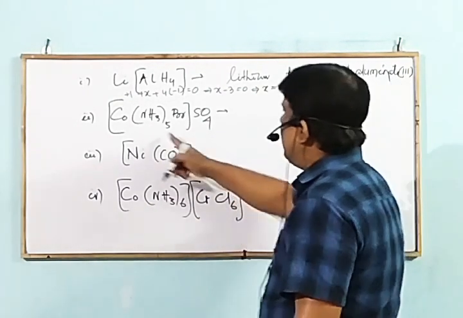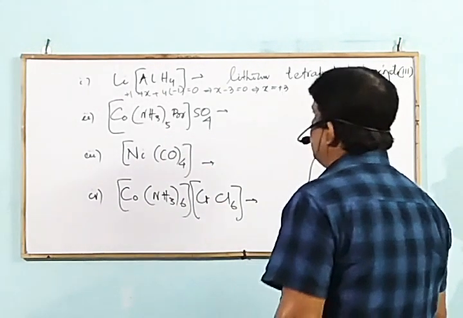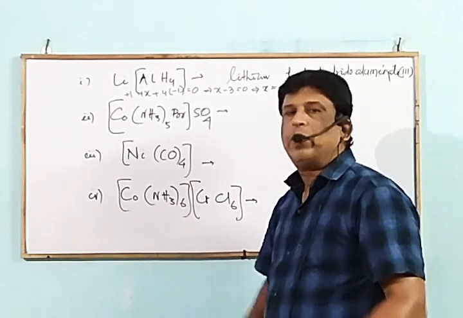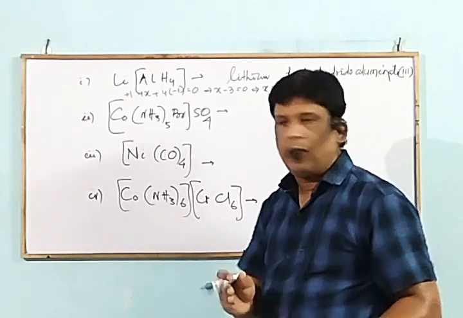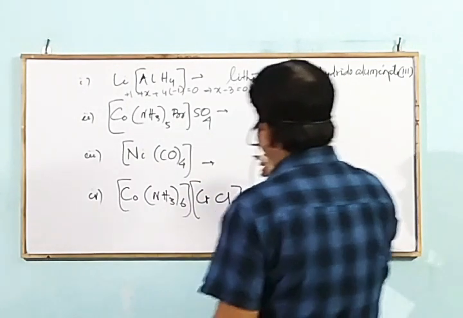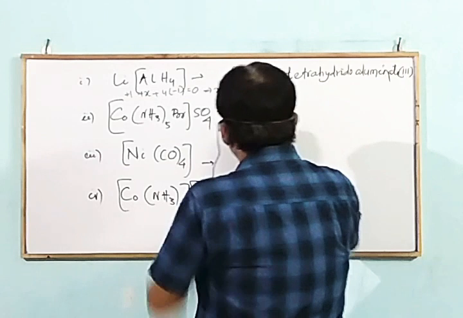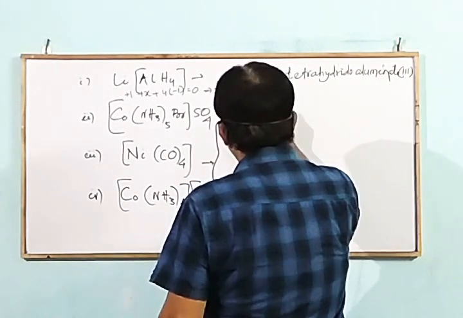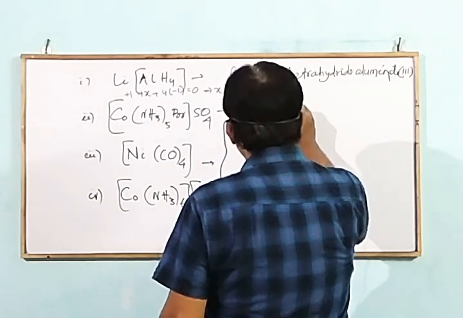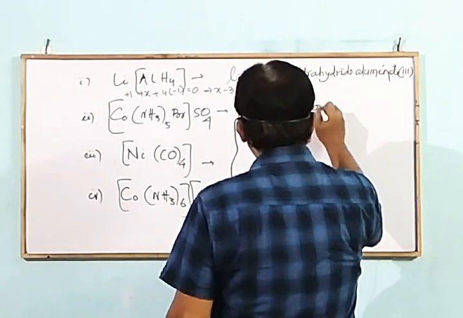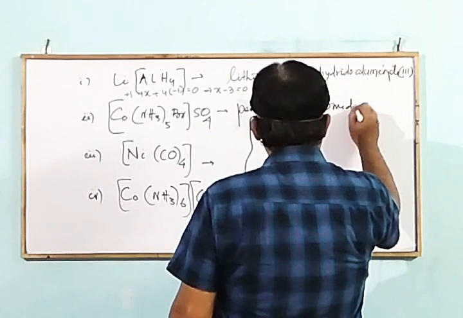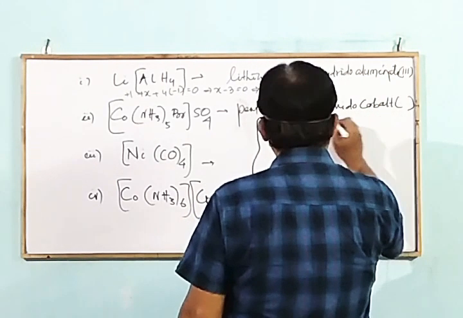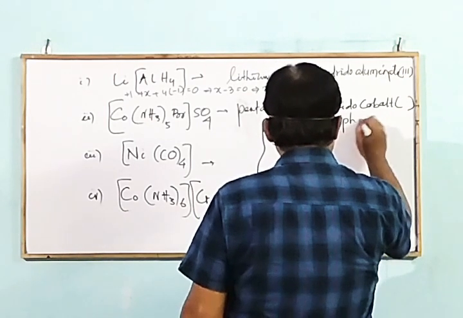Next this one, the complex part is the cation. So first we write the name of the ligands. After writing the name of the ligands, then the central metal atom. So it is pentaammine, bromido, cobalt, bracket, sulfate.